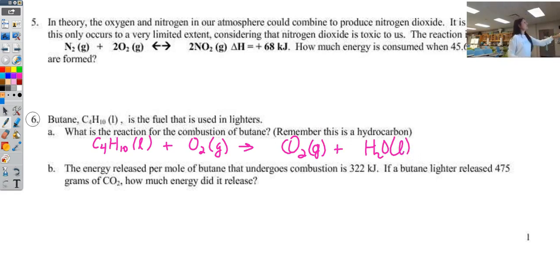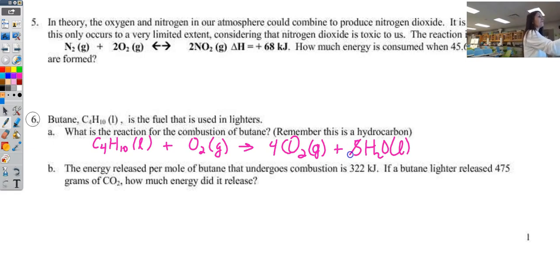Typically it's the gas that actually burns, but this is okay, it's saying liquid. So I want to balance it, so I'm going to put a 4 in front of my carbons here, and then I can move on to my hydrogens. I can see that I have 2 on this side, so let's put a 5 in there. Well, on my right, I have 8 and 5, which is 13, but on the left, I have 2. The rule is change odd to even.